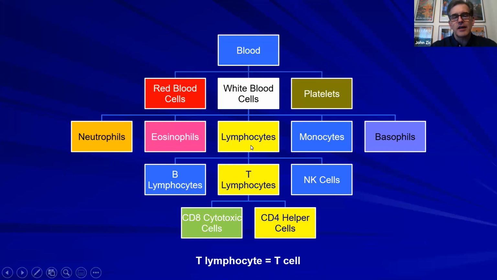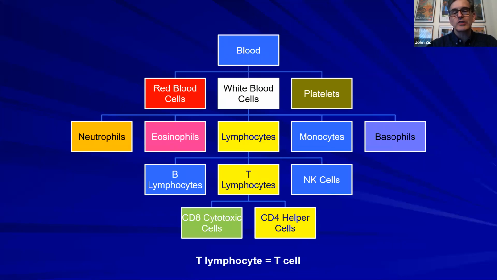So let's focus on the lymphocytes. You can think of the lymphocytes as the coach or the leaders of the white blood cells in our immune system. In particular, the T lymphocytes. There are also B lymphocytes and natural killer NK cells. Those sound quite ominous. The natural killer cells are usually the first on the scene of an infection or a wound.